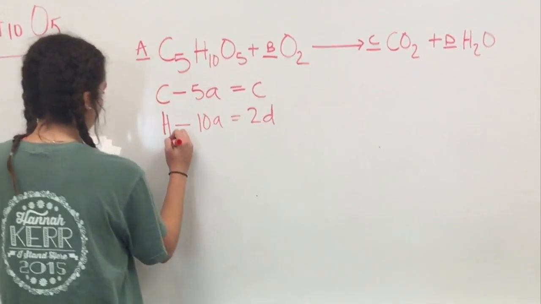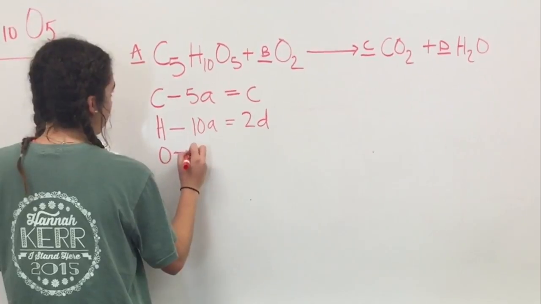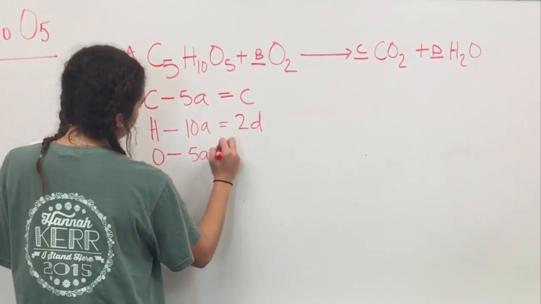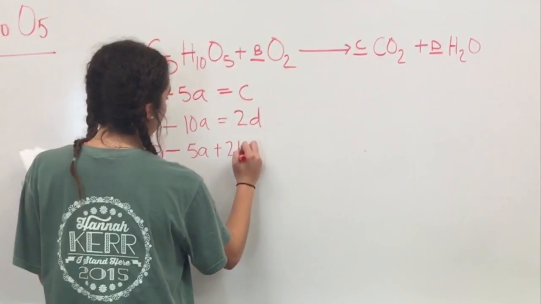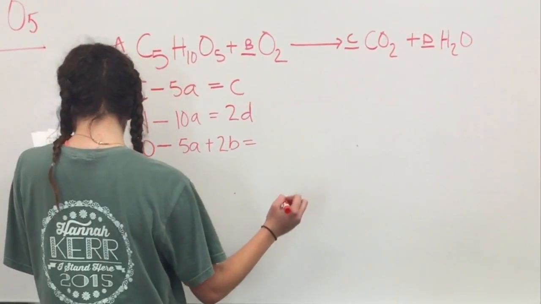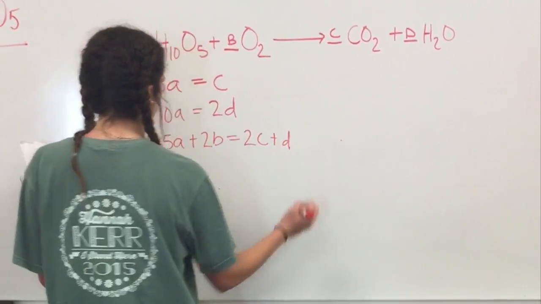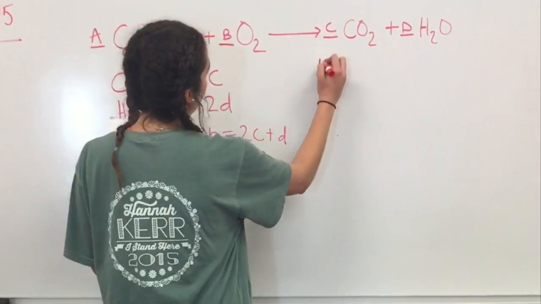And for oxygen, we have 5A plus 2B equals 2C plus D.